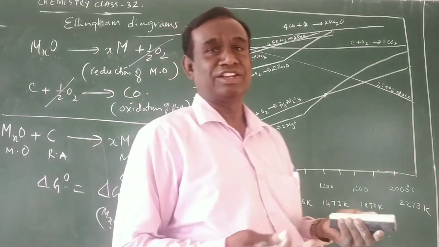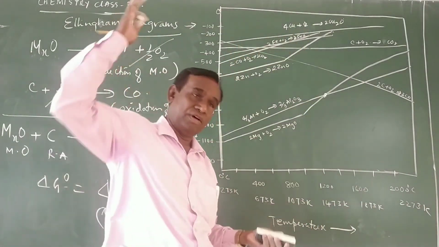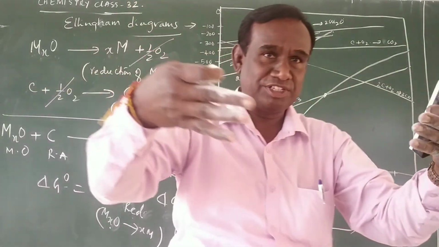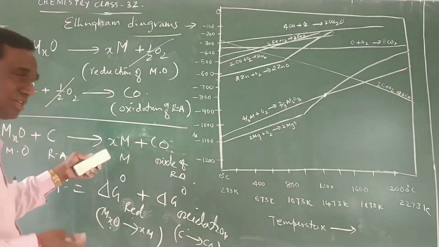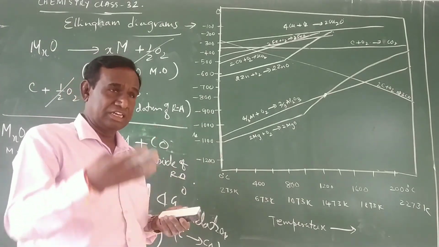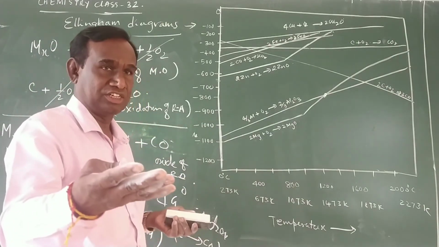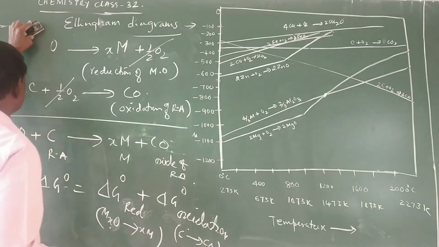That is how we can calculate the ΔG° by using the Ellingham diagram for the two reactions taking place in only one system. This is a general example. Let us take one example for zinc extraction. For zinc extraction, I will take zinc oxide.